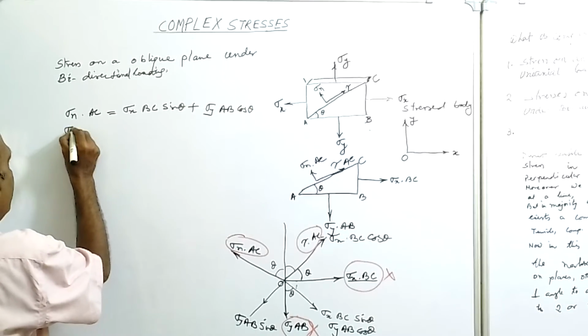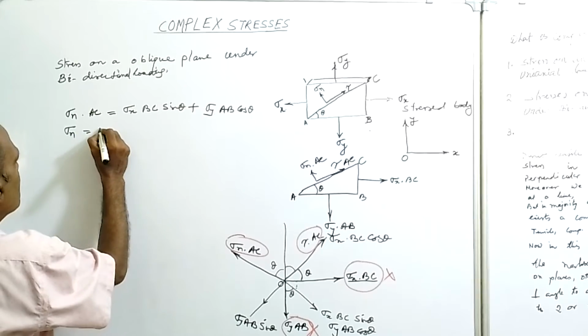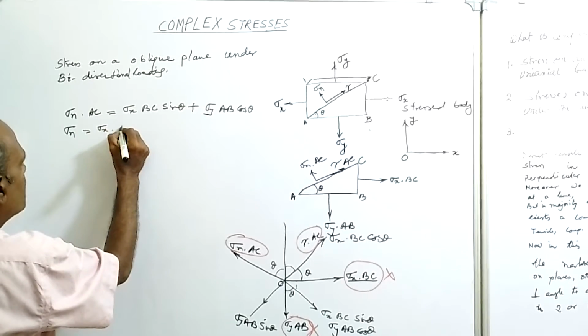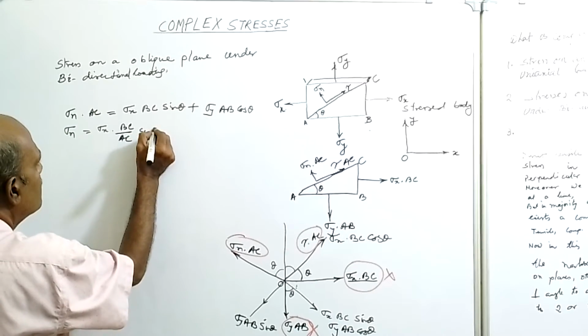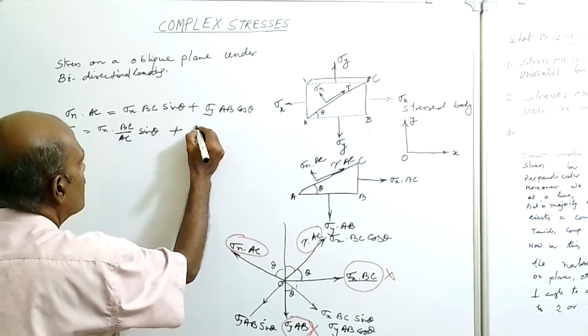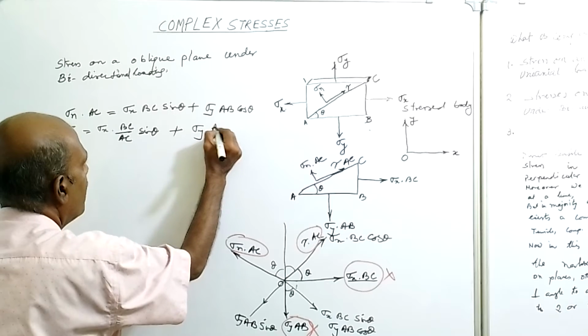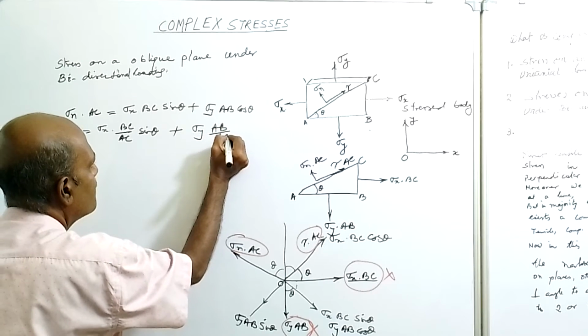Now sigma n becomes sigma x into BC by AC sin theta plus sigma y AB by AC cos theta.